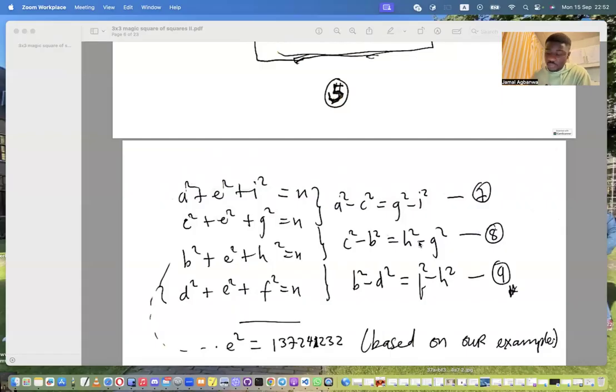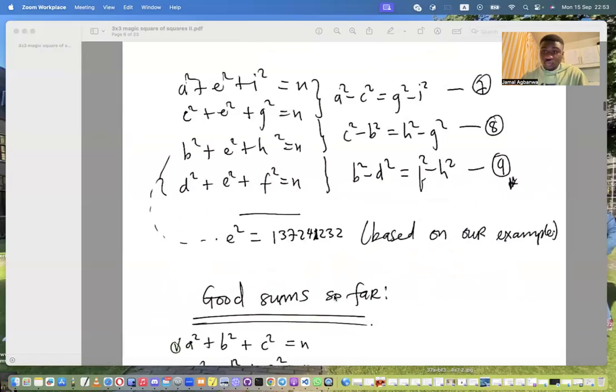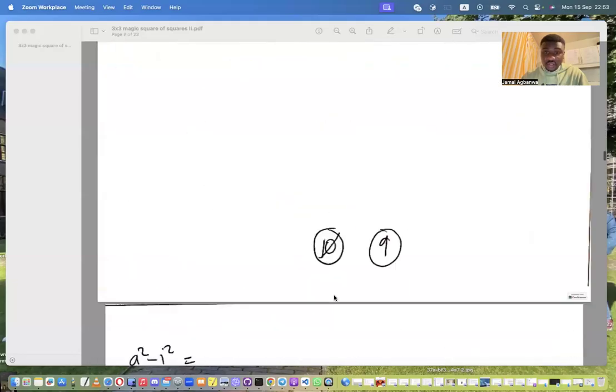Sorry for that. This equation serves as the glue between this equation and that equation.